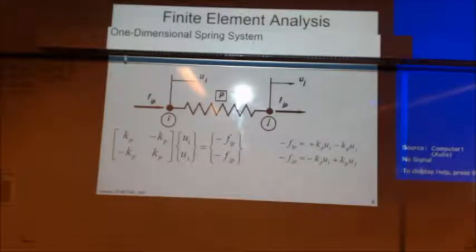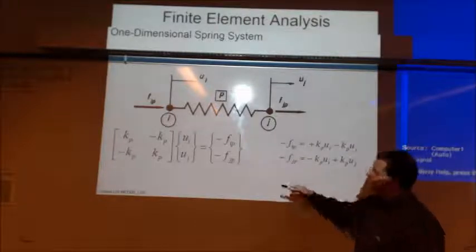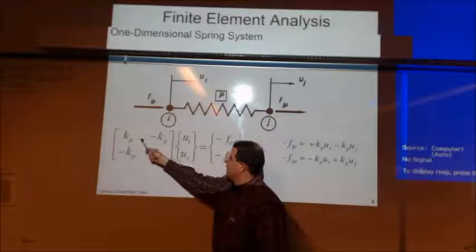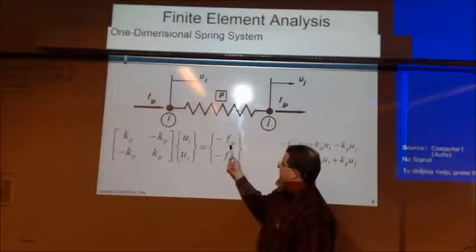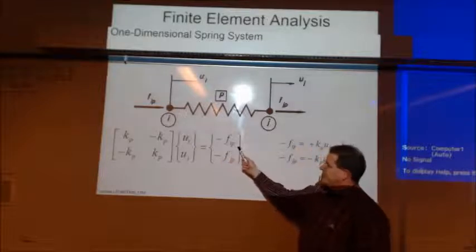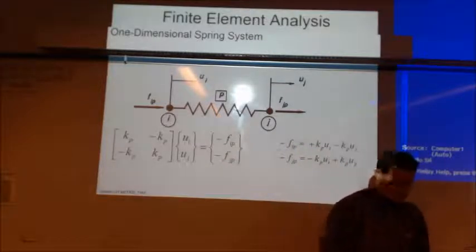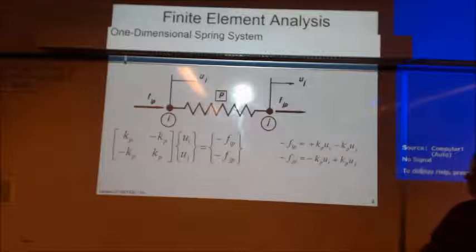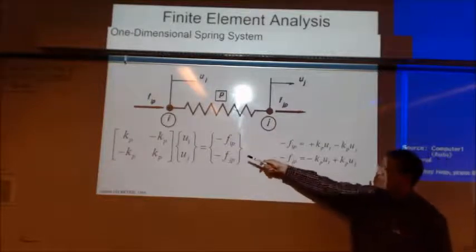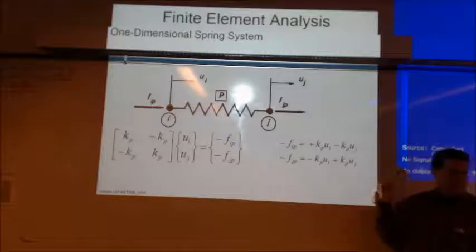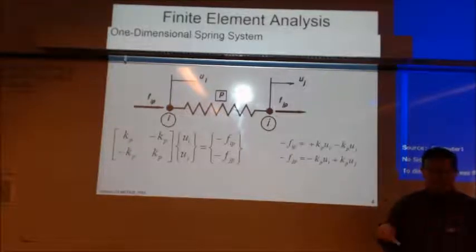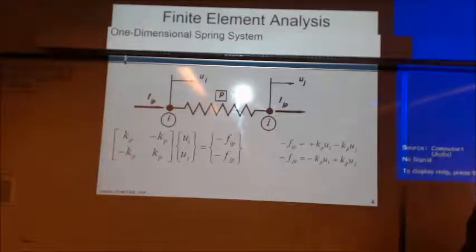Okay, so if we put it in matrix form, remember, we're doing K times U_i minus K times U_j is going to equal F_iP. And we do the minus because it's an internal force. So if we do the matrix algebra, you're going to end up with these equations. Everybody see that from the practice we've been doing with linear algebra? Okay.